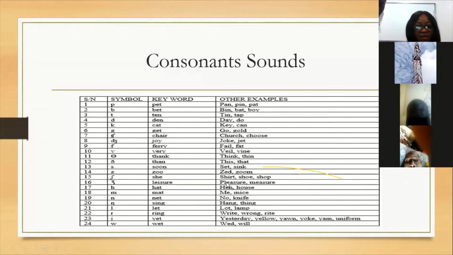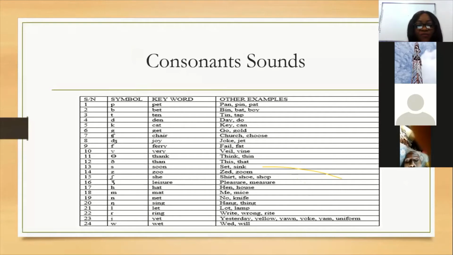And then we have the G sound, and then the sound number 7 is the sound which you have in chair, church, choose, represented by the alphabet CH. And then you have the J sound, which is represented by the alphabet J. You have that in joy, judge, juke, jet, and so on and so forth.